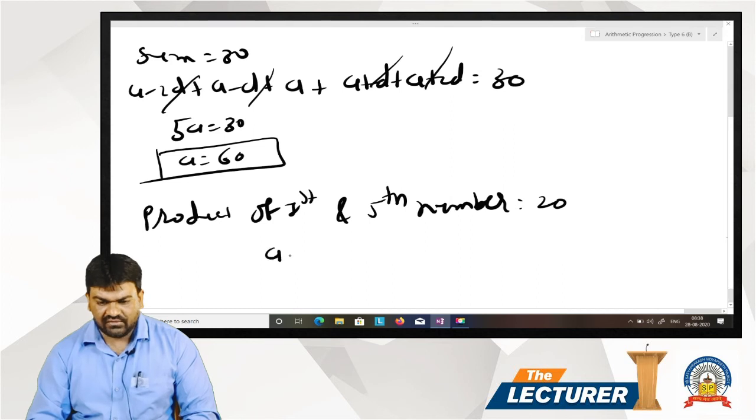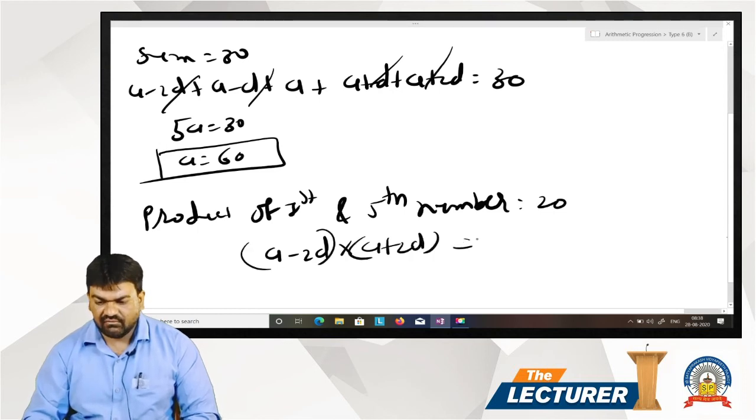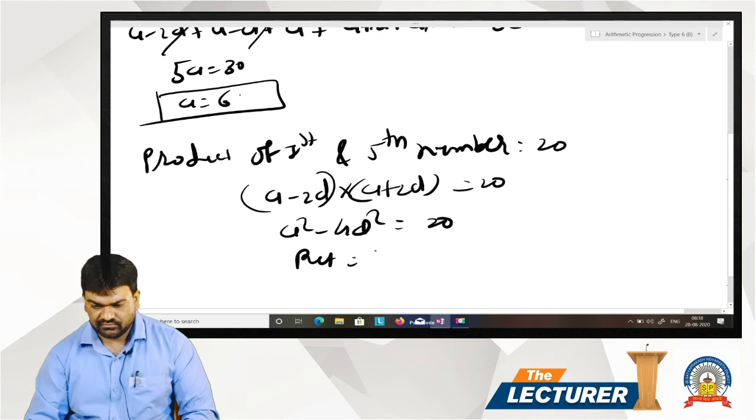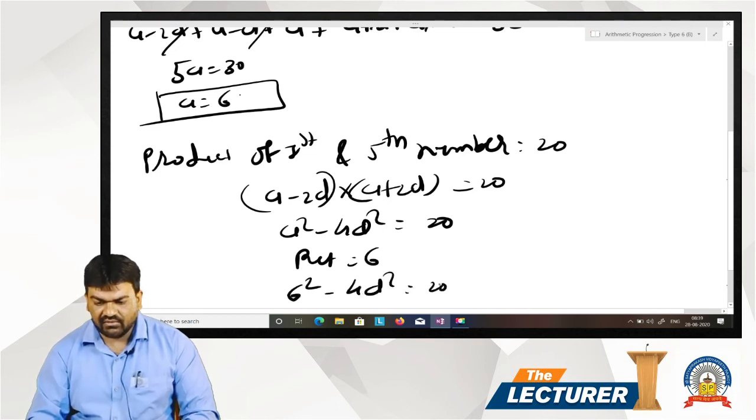First number, that is a minus 2d, multiplied by last number, that is a plus 2d, is equal to 20. So a square minus 4d square is equal to 20. Put a is equal to 6. 6 square minus 4d square is equal to 20.